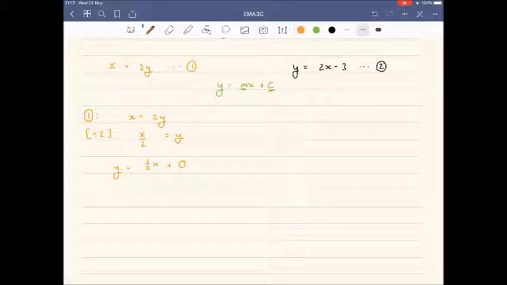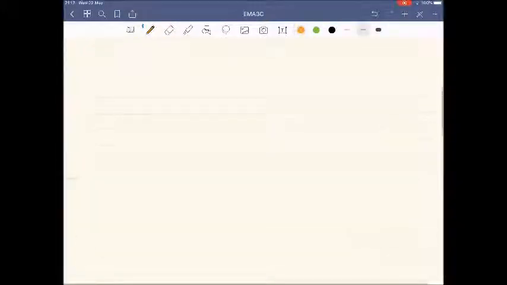So the gradient of this graph is a half, which means that for every one change in y, there is a 2 change in x, 1 over 2. So if it goes up by 1 in the y, it goes to the right by 2. Okay, so we can use Graph Sketch to do this.